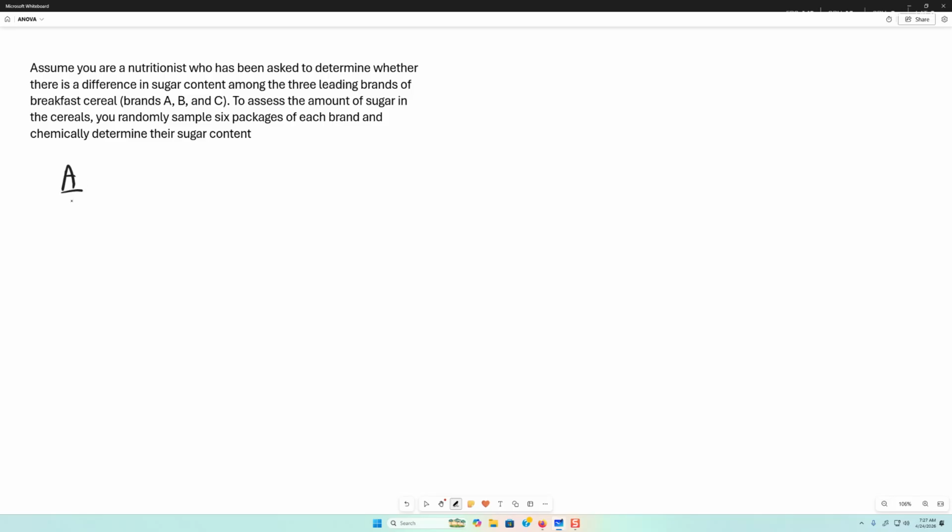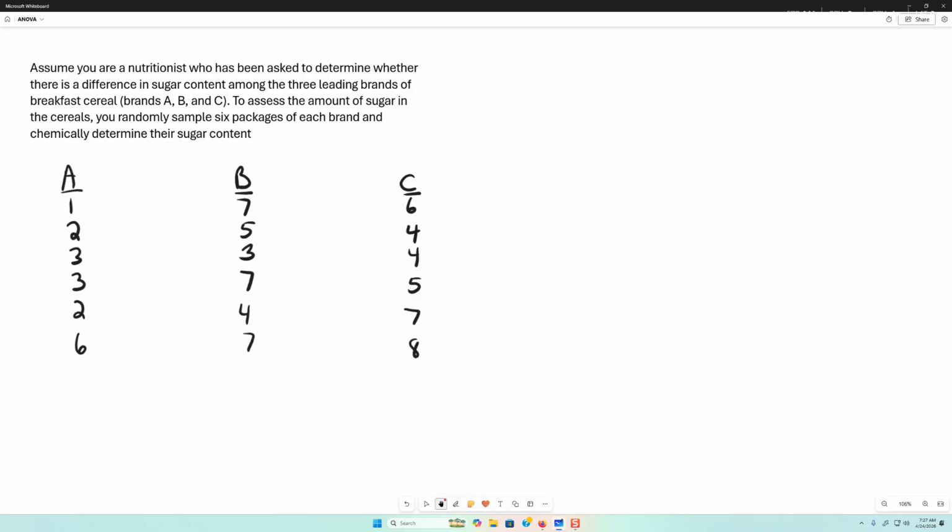So we have cereal brand A, and this is the sugar content in cereal A. Then we have cereal B, and then we have cereal C. So I'm going to start with the hypotheses first, because those can be done without looking at the data.